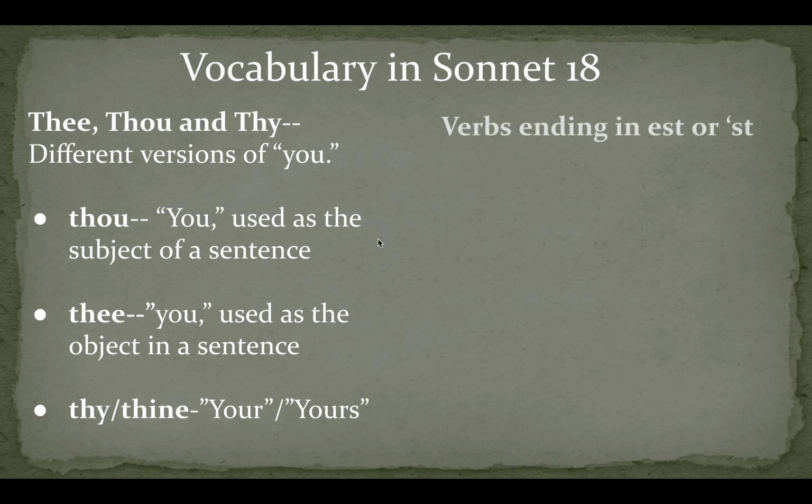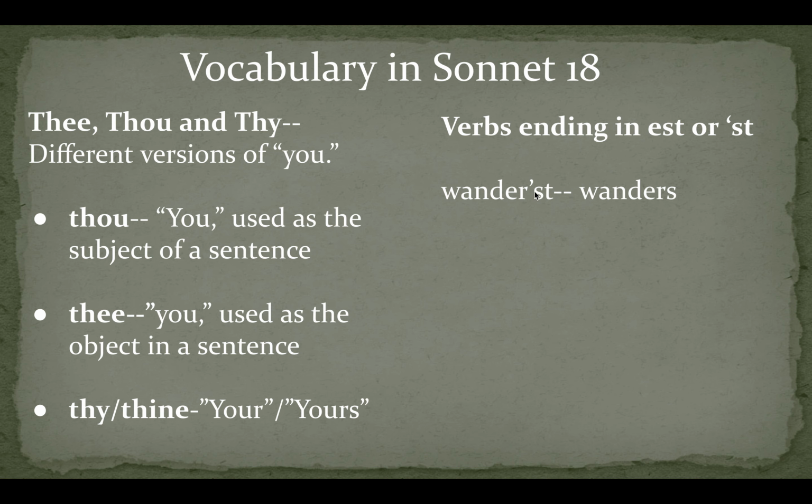All right, let's see. Also, what you're going to see in general in Shakespeare's sonnets and Shakespeare in general, is that there are going to be verbs that end in est or st. And it's just how things were constructed back in Shakespeare's time. So wanderest is wanders.